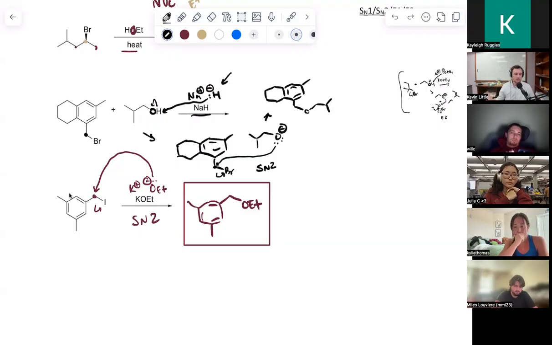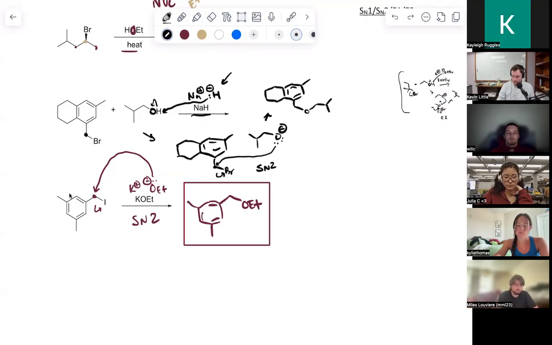So how do I prefer an E2 over an SN2? What's the difference there? It's bulky, so you can't do a substitution, you have to do an elimination. Right. If I make something really bulky, it will never act as a nucleophile. It just won't be able to do it, so it will only do the job of a base.